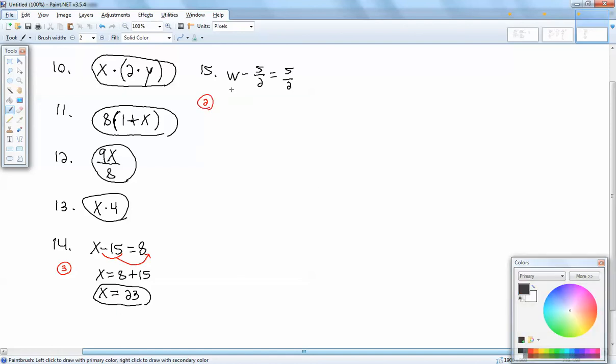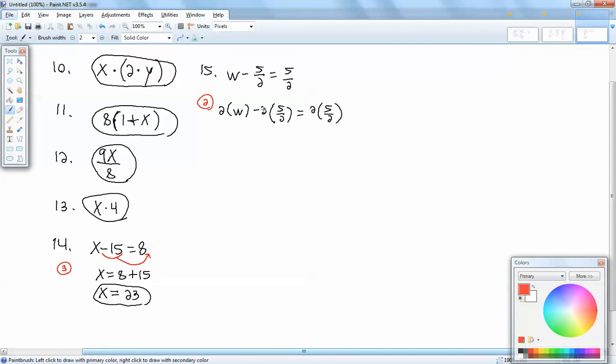Multiply everything by the LCM of all your denominators. We got 2 and 2. Since they're the same, then our LCM is just 2. And when I say everything, I'm talking about what's separated by pluses, minuses, and equals. So we'll take 2 times W minus 2 times 5 halves equals 2 times 5 halves.